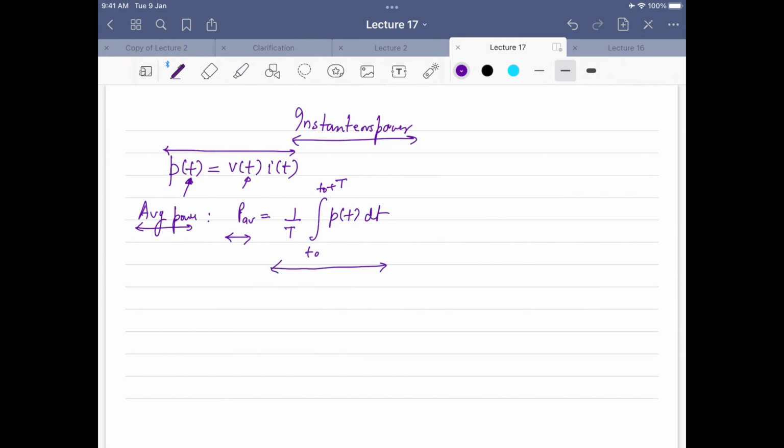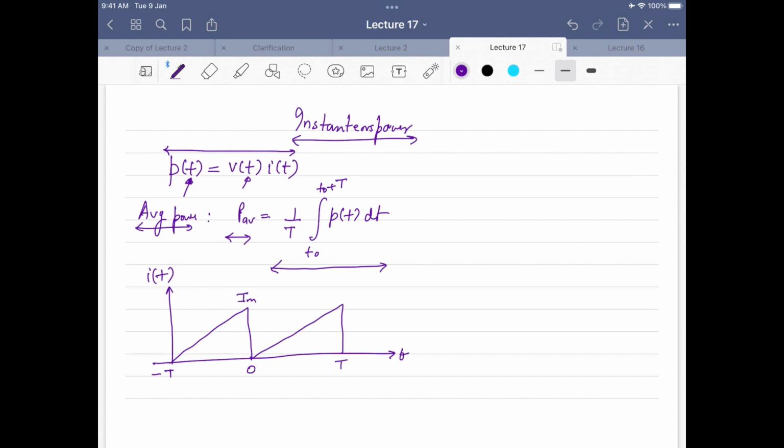I think most of you know this already because we have covered it in the earlier portion of the course. But I want to do one small example just to clarify how this is evaluated. Let us say you have a current i(t) which flows like this in the resistor, with this profile of current, and this is the maximum value Im, and this is time.